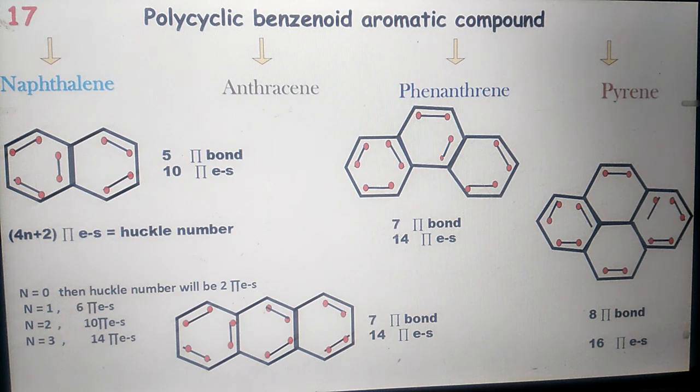The 2 inside electrons are shown by red dots, and we count only the peripheral electrons. If we count the peripheral electrons, the number of pi electrons is 14, so it is according to a Huckel number.